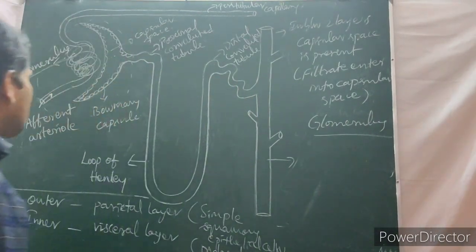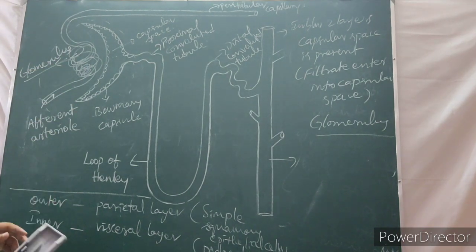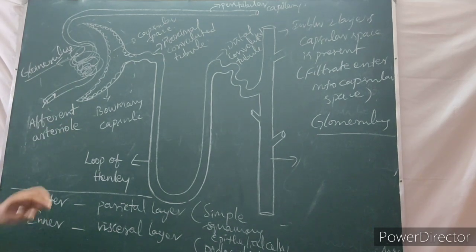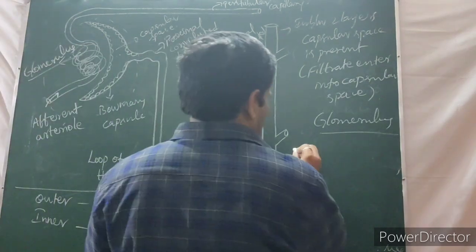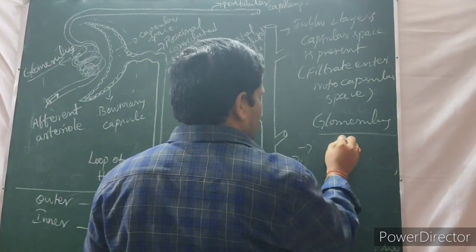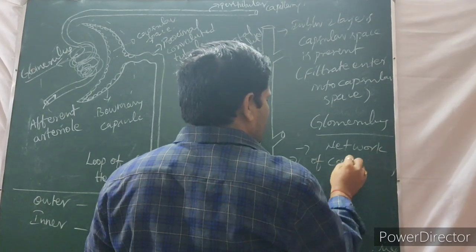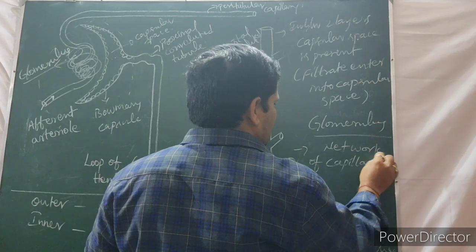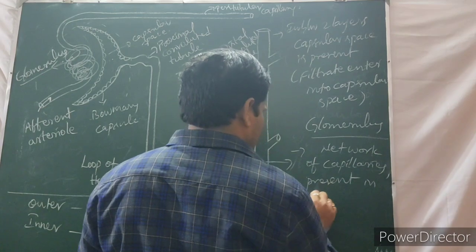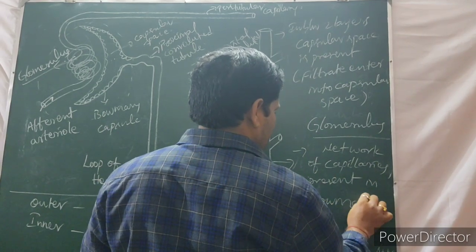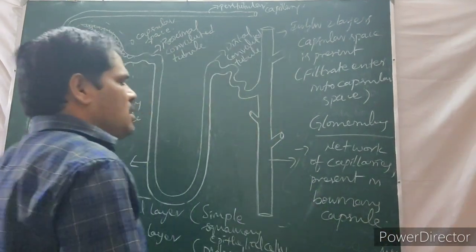Glomerulus is nothing but a network of capillaries present in the cup-shaped Bowman's capsule. That is what we call the glomerulus.